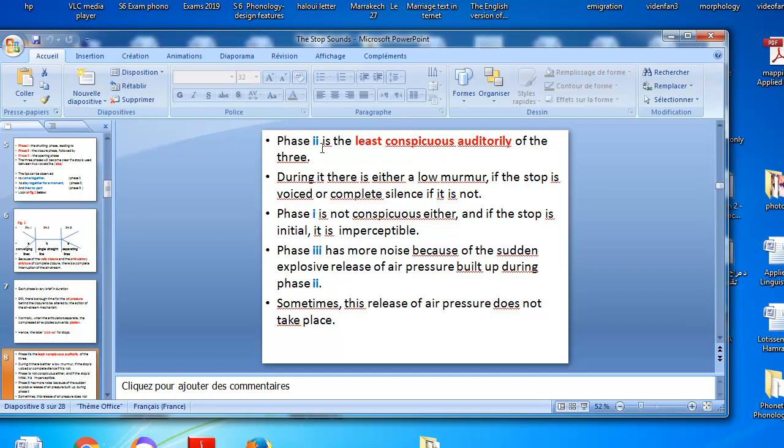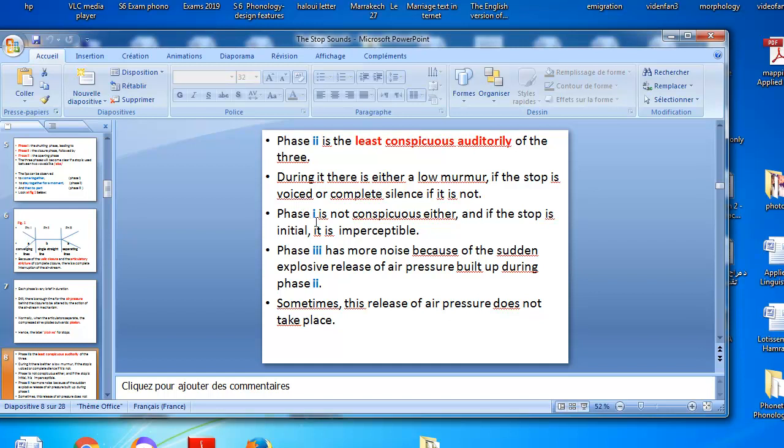During phase 2, there is either a low murmur if the stop is voiced. If you produce a voiced stop, you hear something like a murmur. So it's not perceptible. Or we can have complete silence if it is not voiced.